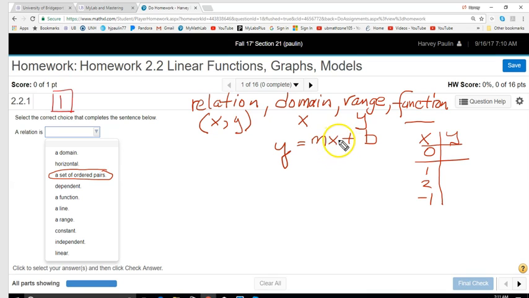And then once you put that independent into this machine here, this function, this rule, you get a y value. So the y value is dependent on the independent value of x. And that's what they're referring to here in dependent and independent.